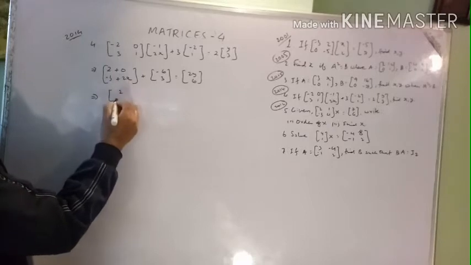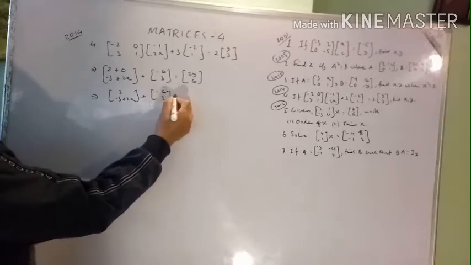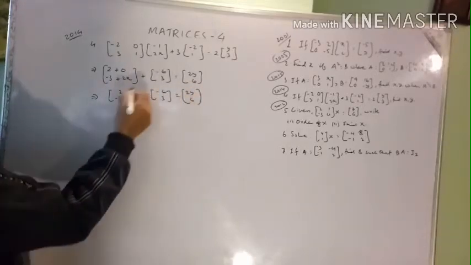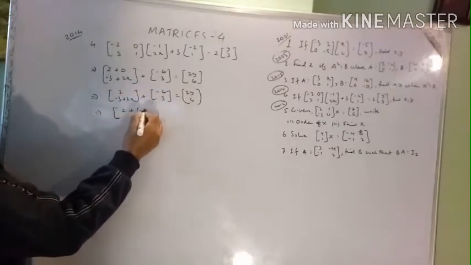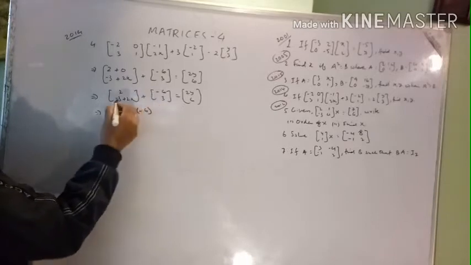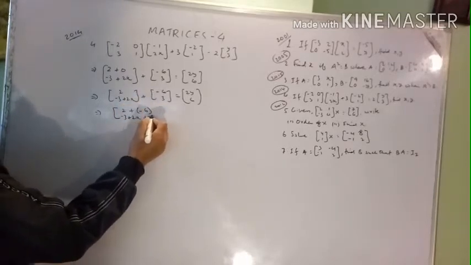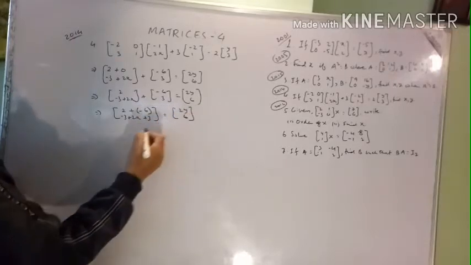So this will give you here 2 and minus 3 plus 2x. These are unlike terms, you can add. Here minus 6, 3, 2y and 6. Okay, so here you can add it. So you get 2 plus minus 6, and here minus 3 plus 2x plus 3 is equal to 2y, 6.